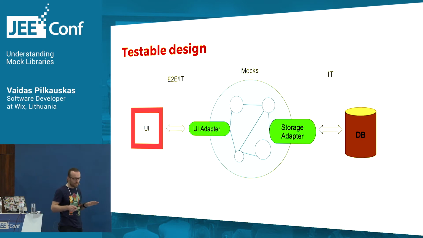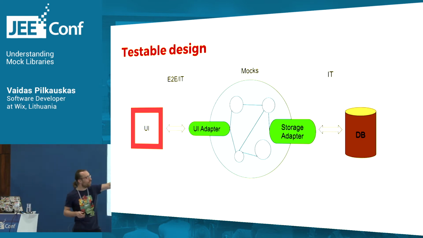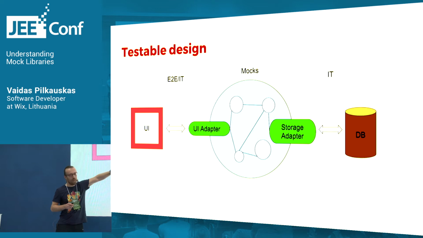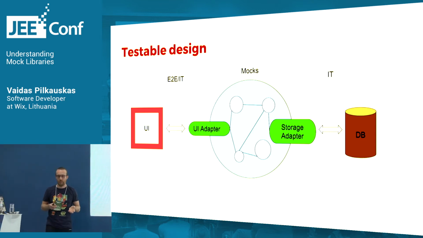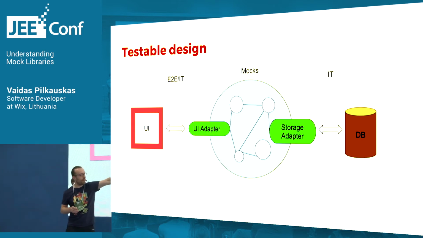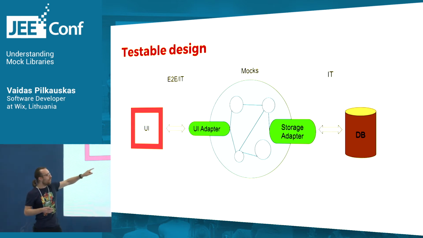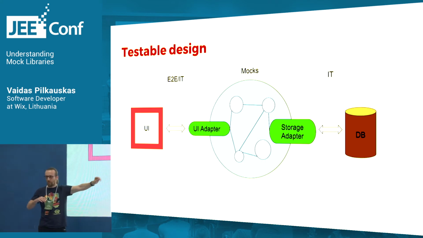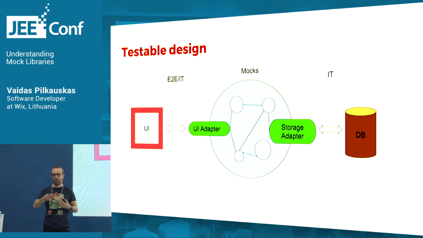So the idea is that we try to push the code that is application specific into this middle circle and surround it with boundaries so that we don't have to deal with the UI and we don't have to deal with the database. The only way to communicate with those external systems, the systems where we do side effects, is through the boundary.